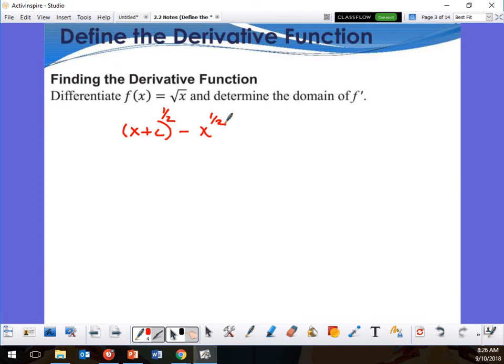I like writing my square roots as an exponent, because it makes it so much easier when we're taking derivatives and not looking it up on our phone, but it's all right. Now, over c, right? So it's a limit as c approaches 0 here.